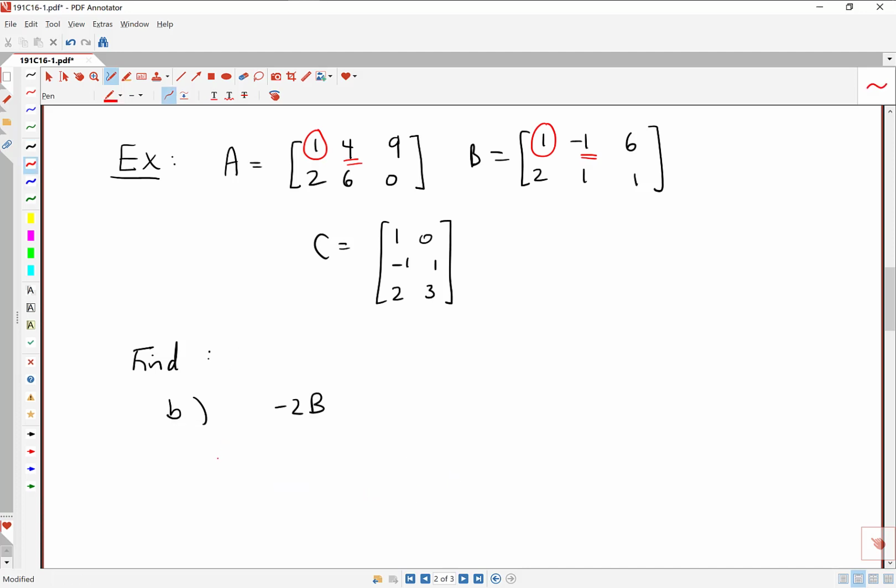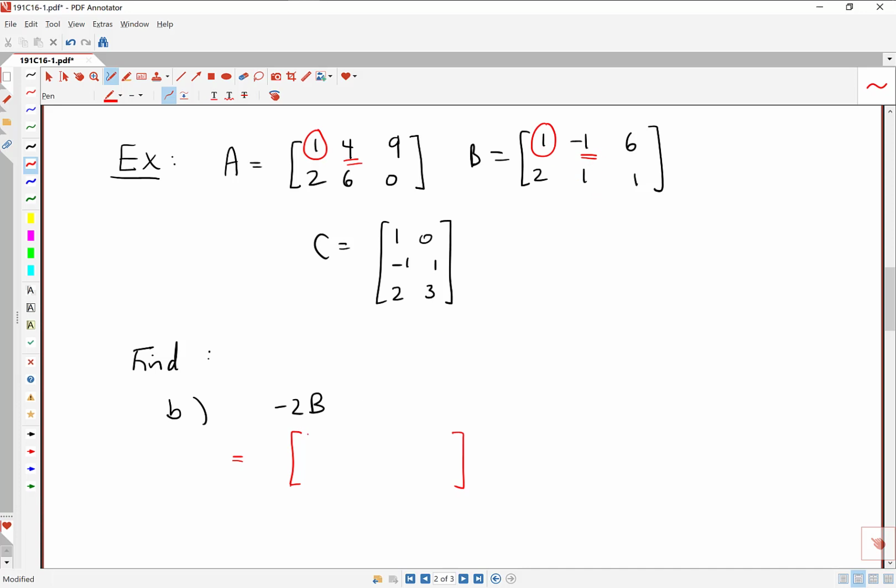Now another operation that you can do with matrices is you can multiply any matrix by a real number, and that will not change the size of the matrix. So if matrix B was 2 by 3, when we multiply B by any real number, it's still going to be 2 by 3. If we want to multiply B by -2, then we're just going to go through, multiply every single number, every single entry in B by -2.